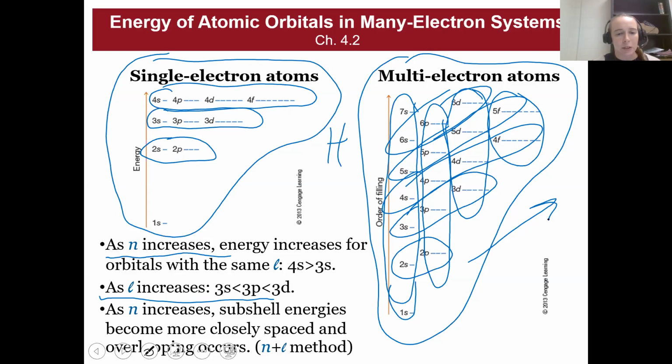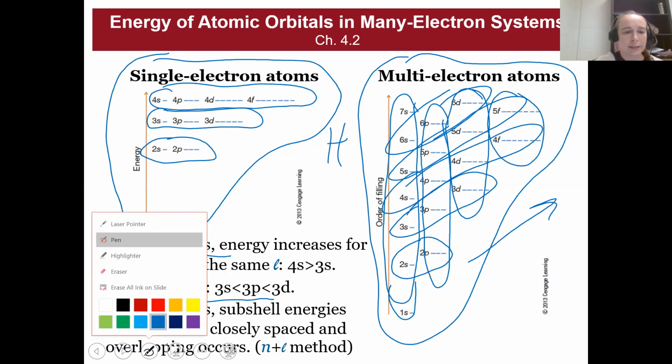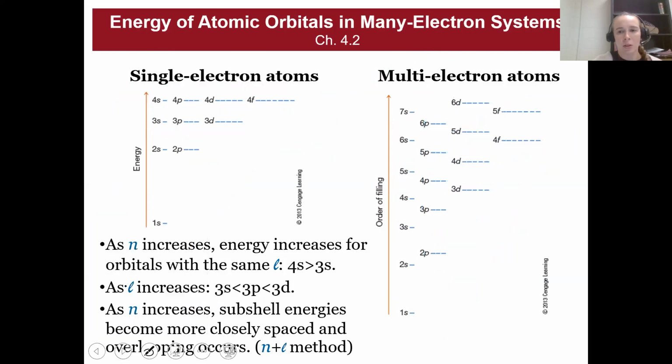So as N increases, subshell energies become more closely spaced and overlapping occurs. What does that mean? Let me erase so that you can see this a little bit better. As we go up, there's a lot more overlap here.